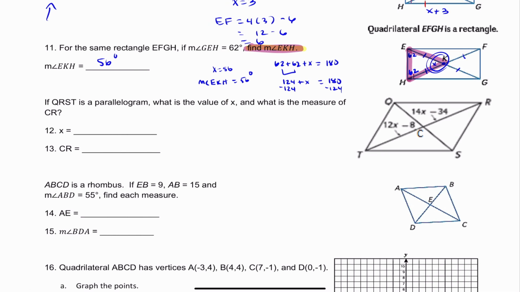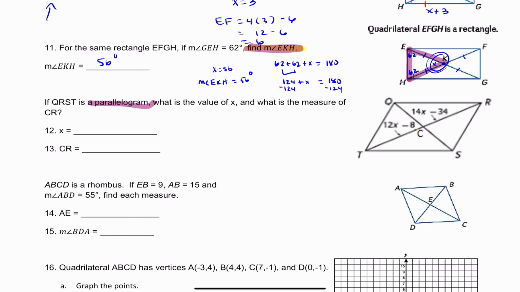Alright, here we go. If QRST is a parallelogram, what is the value of x, and what is the measure of CR? So, QRST, that's how you're supposed to read it. What do I know? This is a parallelogram.